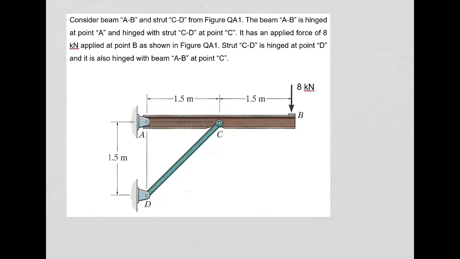And then you have this 8 kilonewtons applied at point B. What I wanted you to calculate in this example was the reactions at the supports, support A and support D. And I wanted you also to calculate the force in the strut CD.